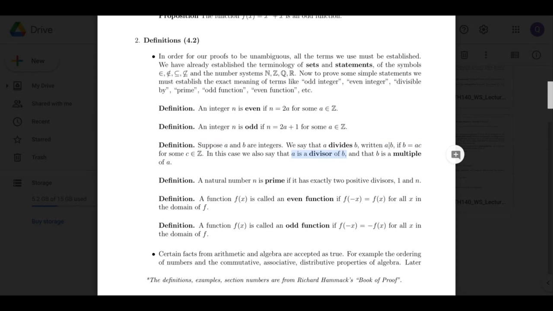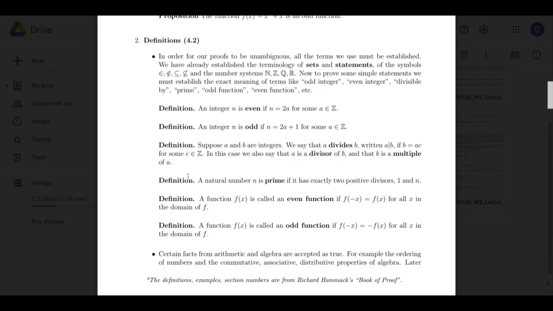Remember we talked about factors. Maybe it's more familiar seeing factors: 2 is a factor of 6, 3 is a factor of 6. But here we just change how we see it: we say 2 divides 6, 3 divides 6.